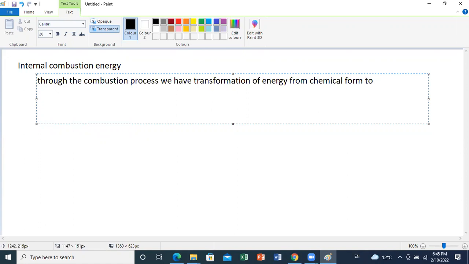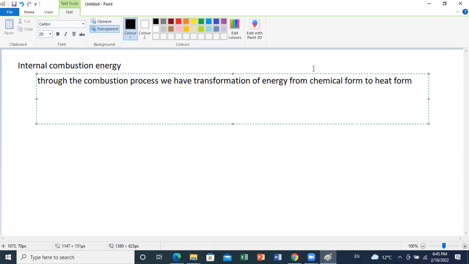And we can study this process through combustion equations. We can study how the bonds between molecules are changed in a way to form new molecules, and this will lead to release of energy, to release of heat. So from chemical form to heat form.